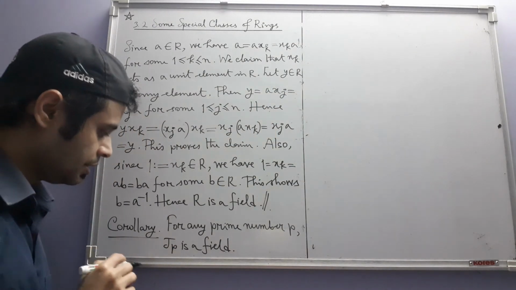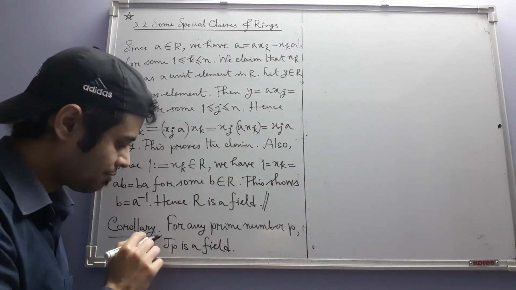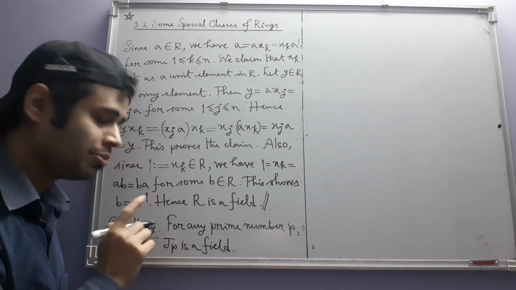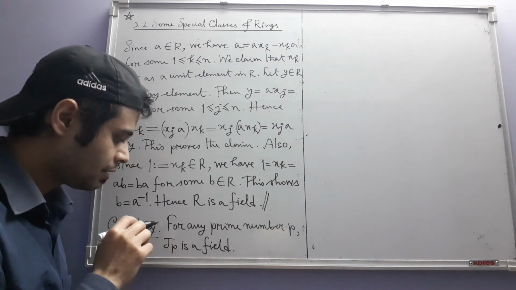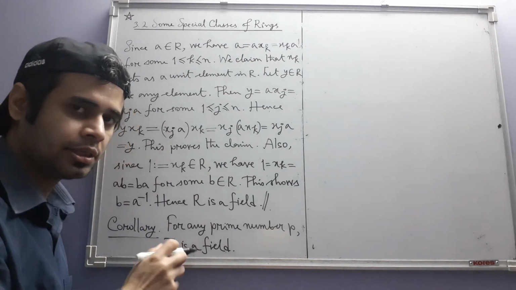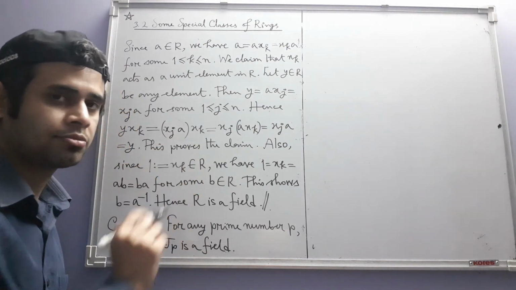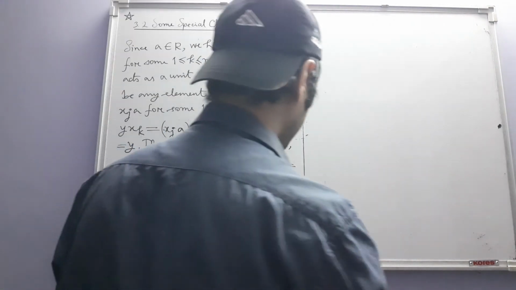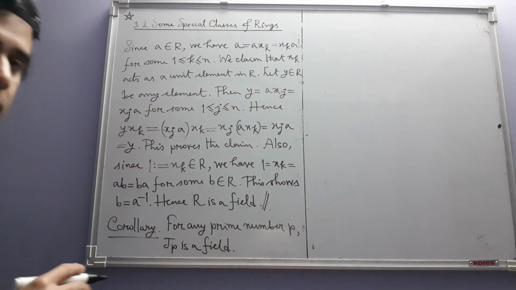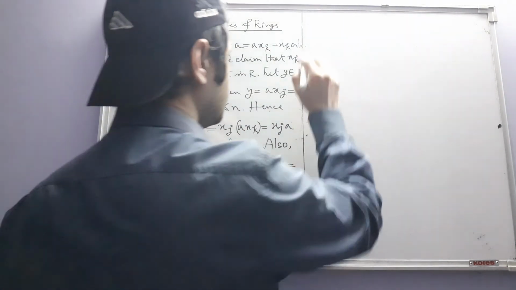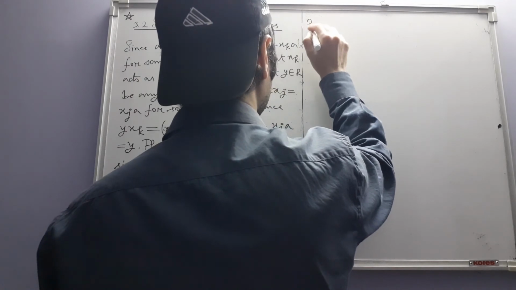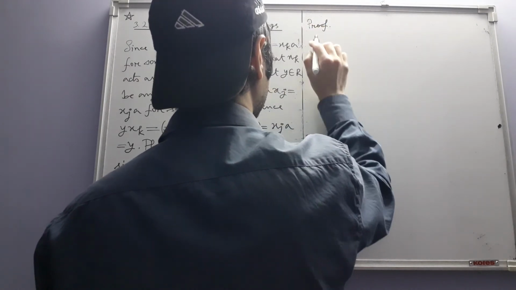So Zp, you see, is a finite commutative ring. If we can show that it is an integral domain, then it will be a field, and that's exactly what we will show now. For that, we need to show that Zp has no zero divisor. Proof.